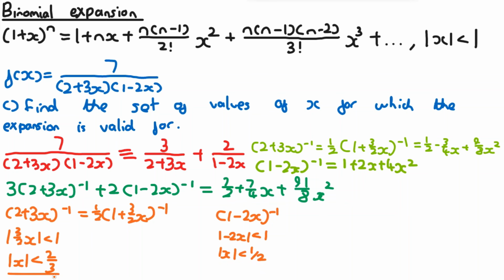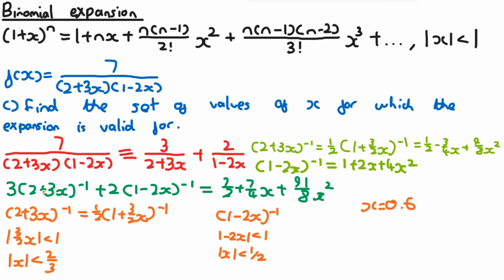If we chose this set of values instead of this bigger set of values, let's say we wanted to sub in a value less than minus 2 over 3, but bigger than half, so something like x is equal to 0.6. It would work for this bracket, but it wouldn't work for this bracket because 0.6 is bigger than a half, so it would only work for one of them.